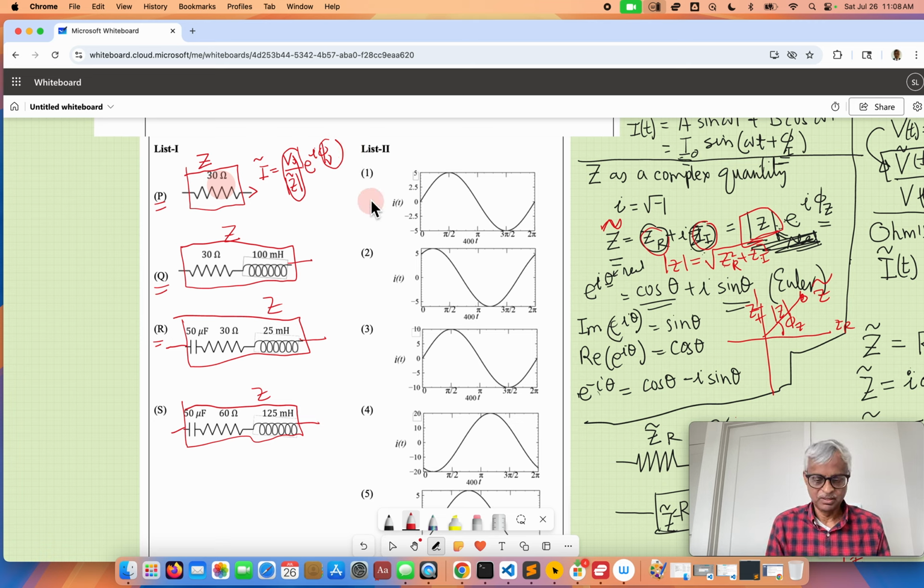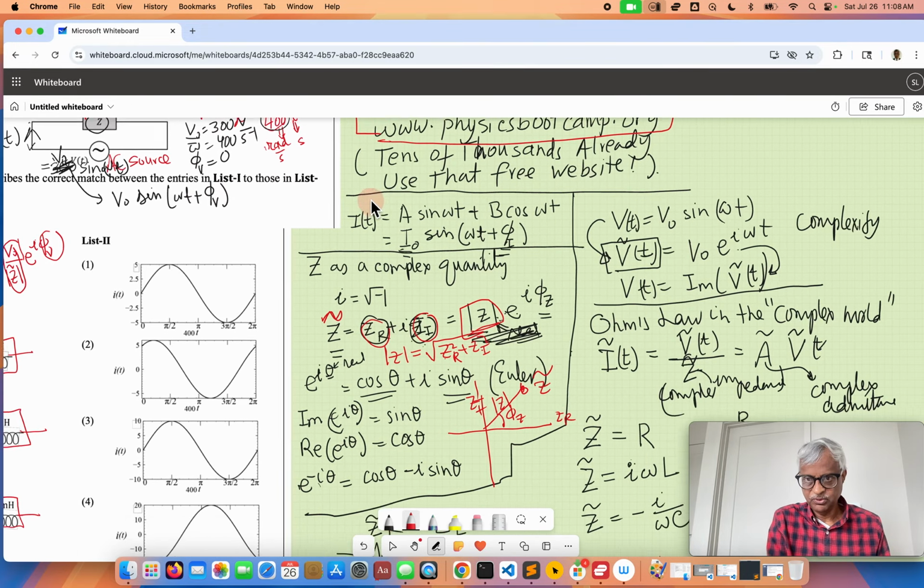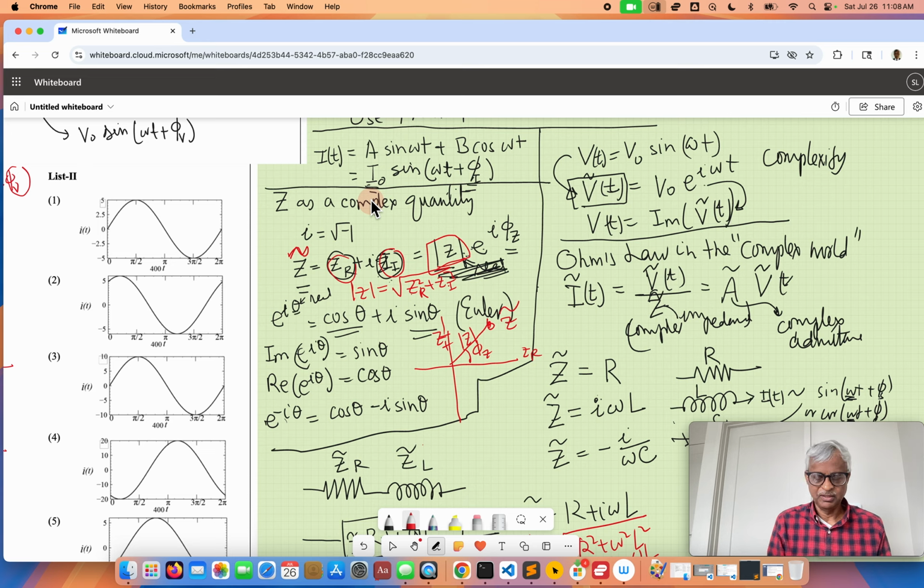Here it's the imaginary part that takes me from V tilde to V, the imaginary part of I tilde. So I do the same thing as I do over there.